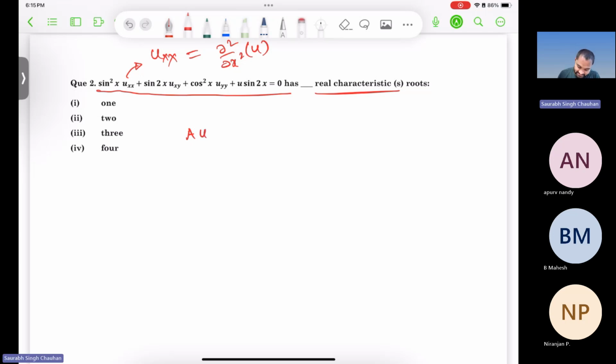How do we write it? We write like this: a uxx plus b uxy plus c uyy and some other terms is equal to 0, right? So what is a here? Sine square x.